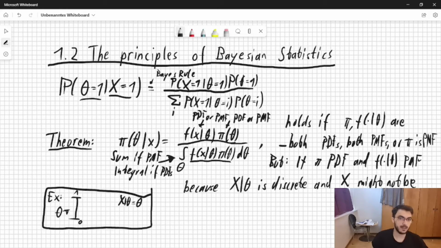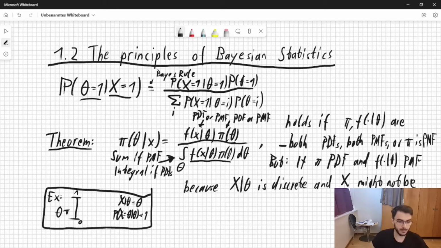And in that case, x given theta is definitely discrete, because the probability that x is equal to theta given theta is 1, and for any other value we have 0. So if we observe the value of theta, obviously we know the value of x.